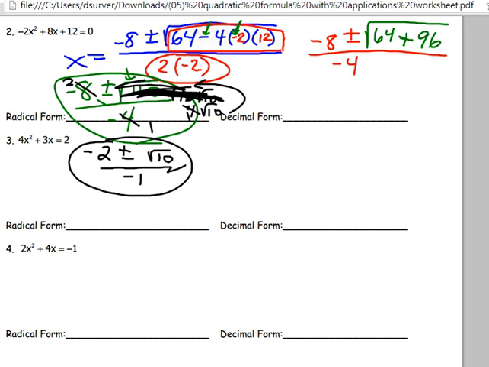But if I divide by negative 1 on here and here, I'd get positive 2 plus and minus a minus root 10, which seems kind of ridiculous because plus minus minus is the same as plus minus.